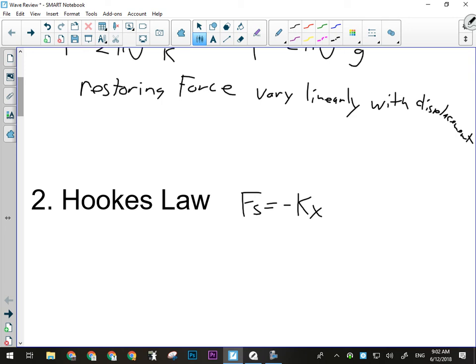Hooke's law and conservation of energy questions will give you similar information. The difference is, for most Hooke's law questions, and by most I mean like 95% of them, including the one on your test, okay, the object is not oscillating. Okay, if it's a conservation of energy question, the object has to be oscillating.